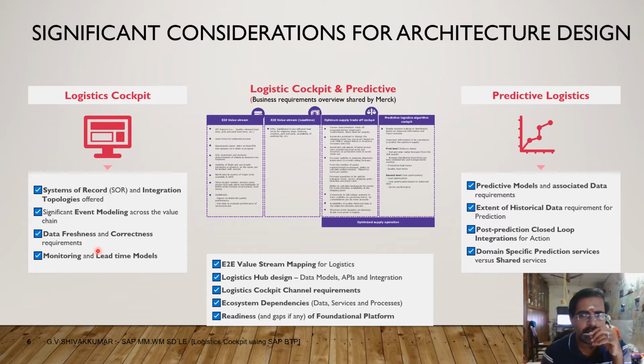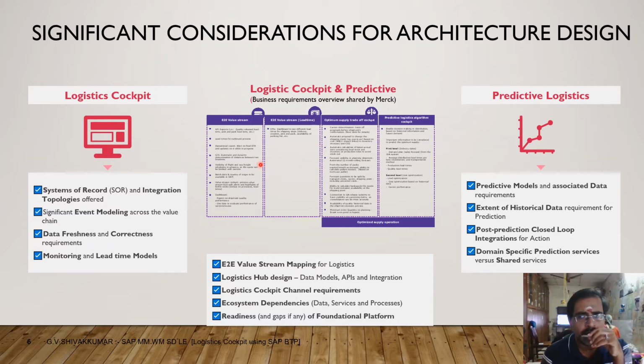That is a correctness requirement expected by the business from SAP using BTP and SAC, which is an advantage over other ERP systems or other logistics cockpits you develop with Oracle or any system. So these SAP facilities will make SAP the number one in the ERP field, as already told. And monitoring and lead time models should be optimally advised. This comprises the considerations for the architecture design.